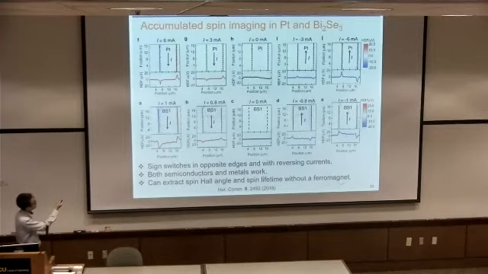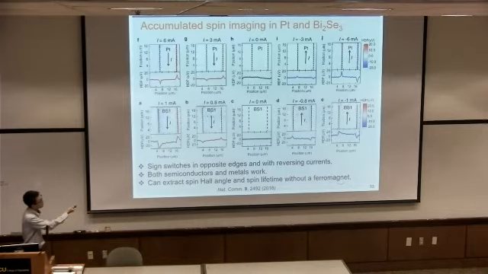You can see a little bit of bluish and reddish. At 6 milliamps, you can see very clear blue and red, which indicate down and up spin accumulated at opposite interfaces. Once we flip the current direction, exactly the spin accumulation flips sign. So you can see red and blue.